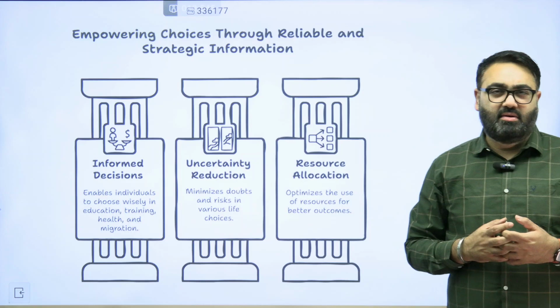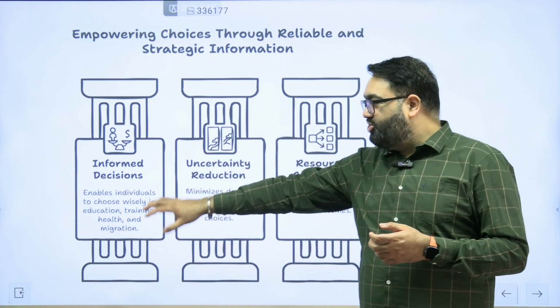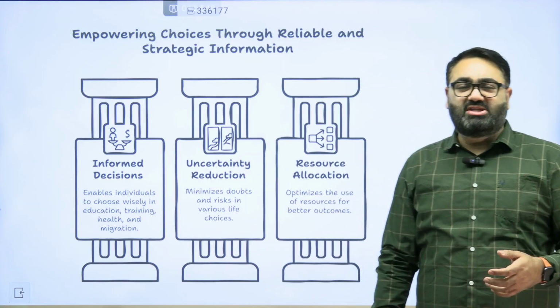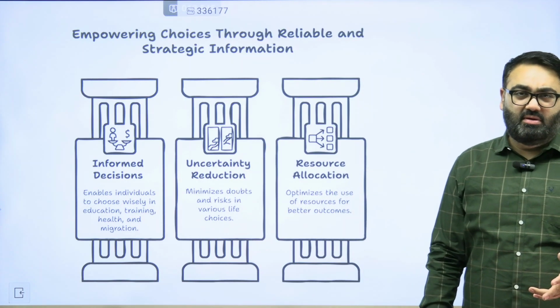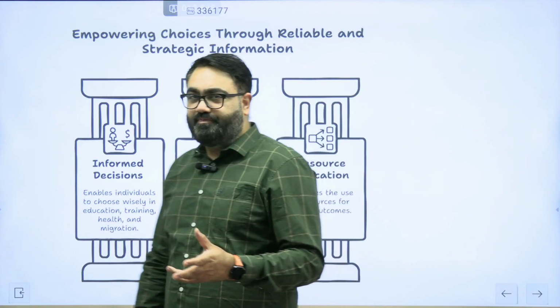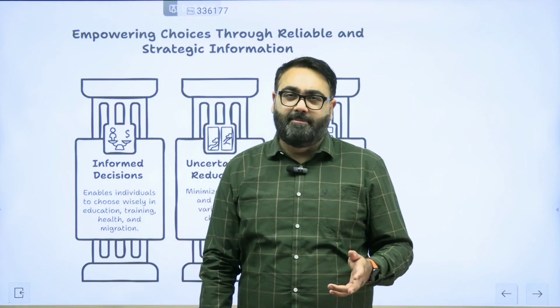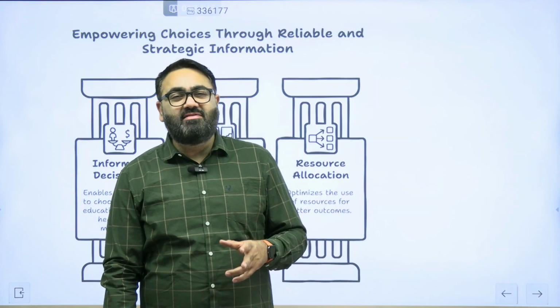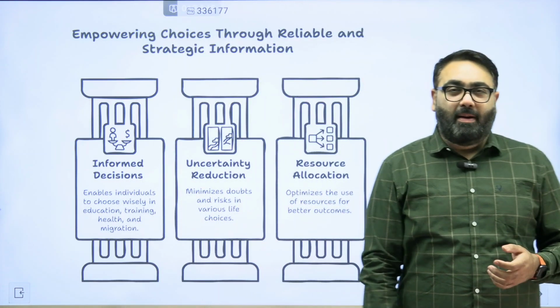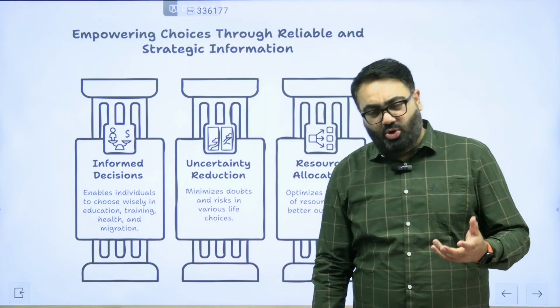Only when I have all that information would I be able to make an informed decision that will be best suited for me. The Government of India, for example, ensures that there is as much flow of information as possible, as transparently as possible. We also have the right to information in India, as you know. Under it, citizens of India have the right to ask for information from the public authorities, and the public authorities must respond to this request within 30 days.